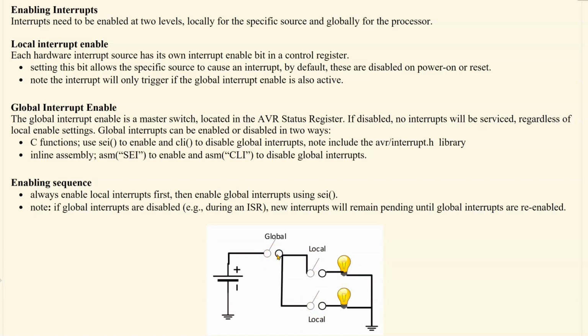So when you are using interrupts, you should first enable the local interrupts, get them all set up, and then enable the global interrupts. Now, if global interrupts are disabled, as will occur during an interrupt service routine, the new interrupts that occur whilst disabled will remain pending, and then when the global interrupts are re-enabled, these interrupts will occur.